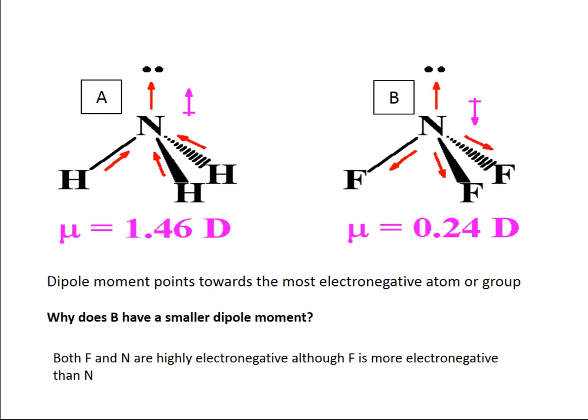So the answer is both fluorine and nitrogen are highly electronegative, although fluorine is more electronegative than nitrogen. So because both of them are highly electronegative, the difference should be small. Compared here, nitrogen is highly electronegative and hydrogen has low electronegativity. So when you subtract, you get a bigger dipole moment between the two.